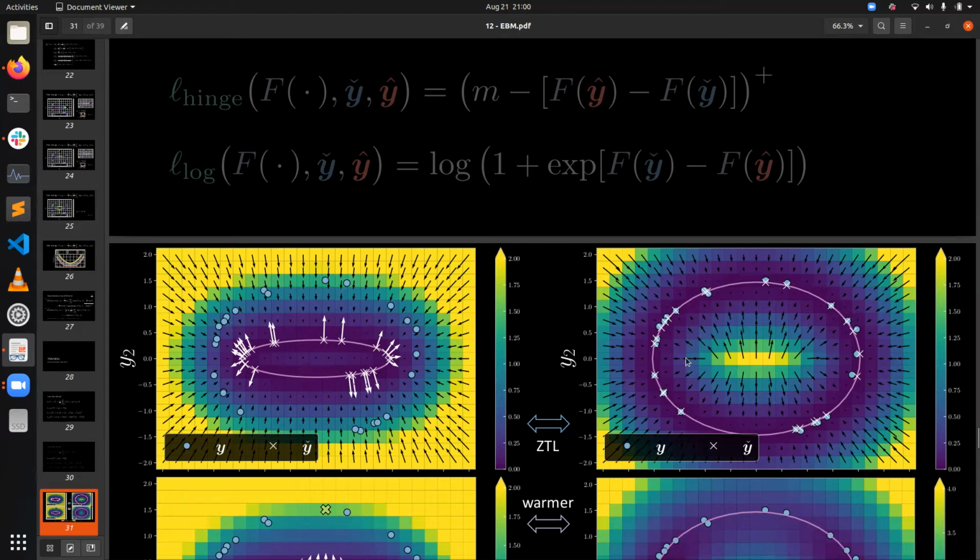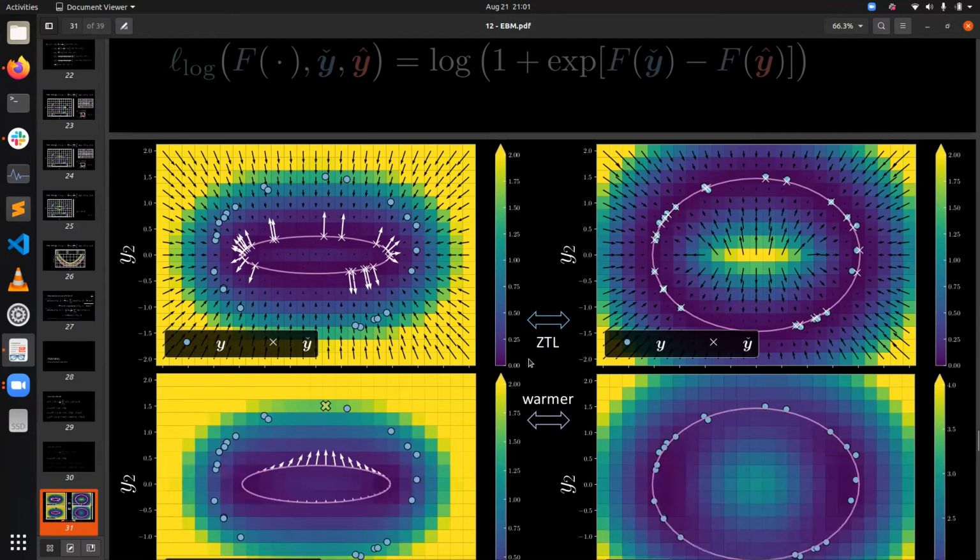And in zero temperature free energy, as I've said before, it overfits, so each point looks at the closest point and attracts that, and that is just a recipe for overfitting.